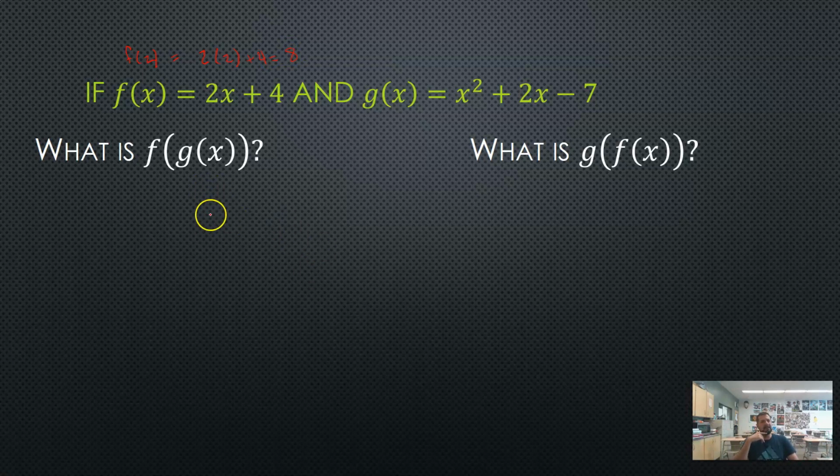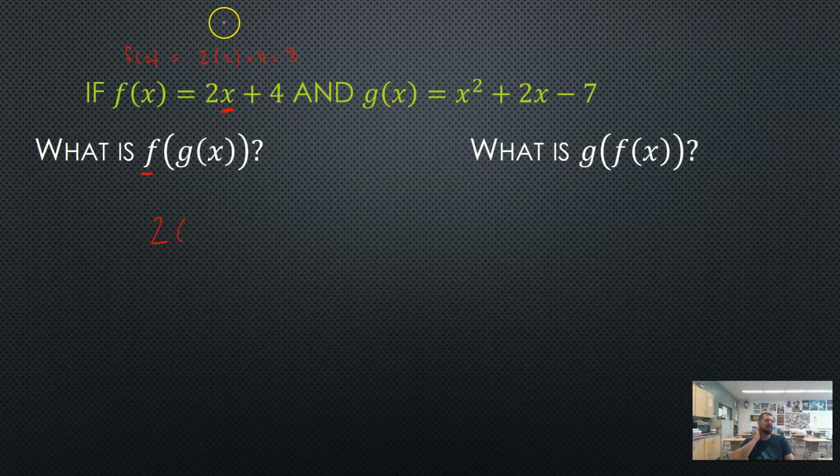This right here is asking what is f of g of x. Now it's a slightly different question because it's not asking what the y value is. Instead it wants to know what the formula would be. The way we find that is we take every x in our f function, the function on the outside, and instead of putting x there, I put what g of x is equal to.